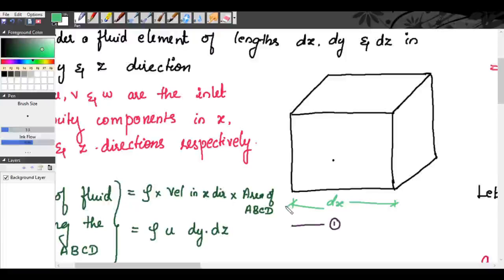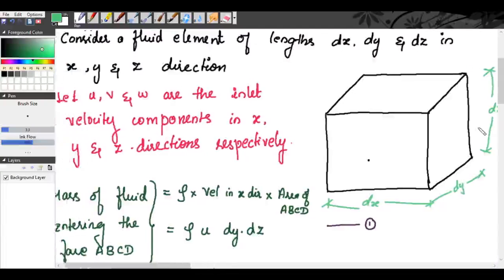In y direction, the length is dy, and in z direction the length is dz.